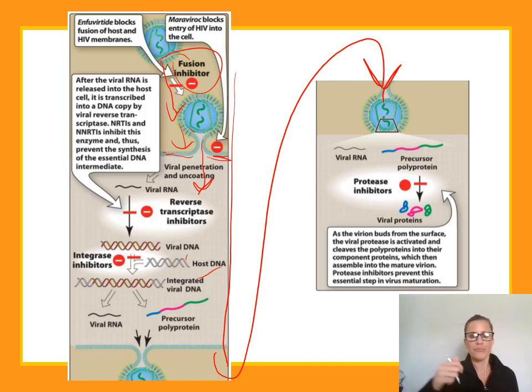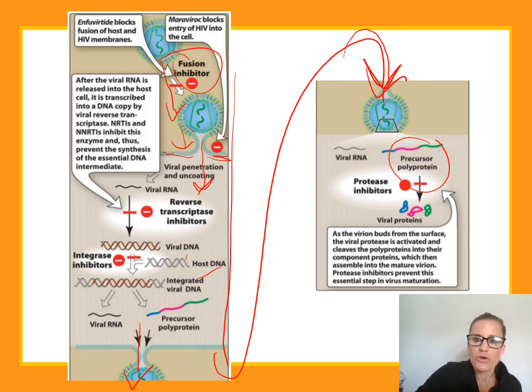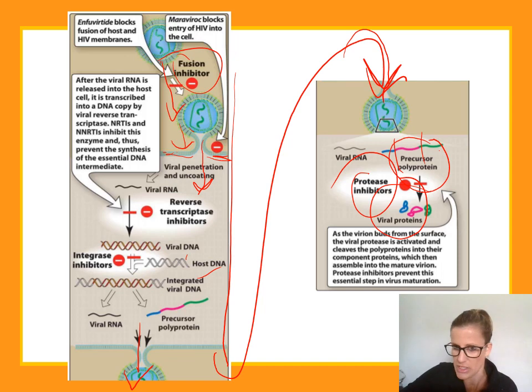And then as we go down here, you see that we have this precursor polyprotein, this large combination of proteins that has to be split up into numerous separate active proteins, and that's where protease inhibitors come in. They stop the splitting of this large polyprotein into individual active viral proteins.